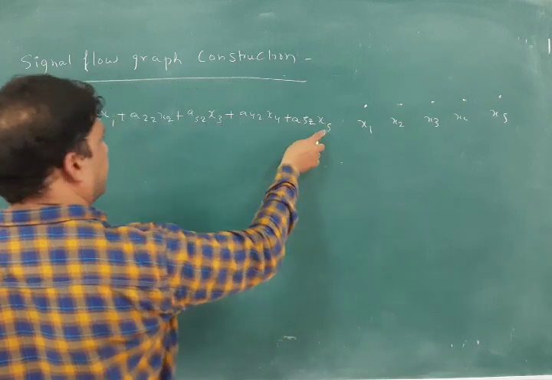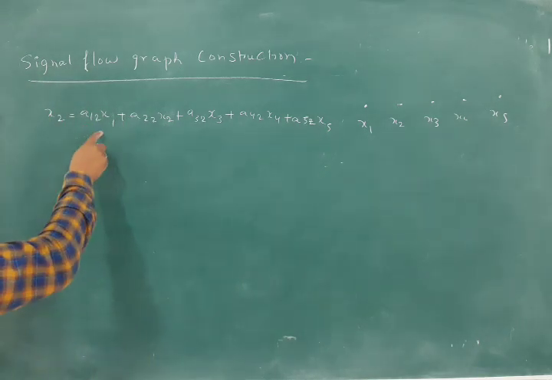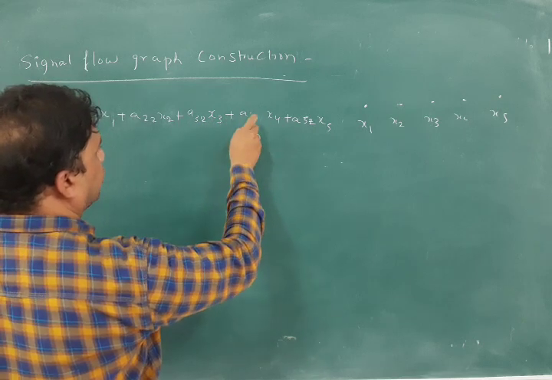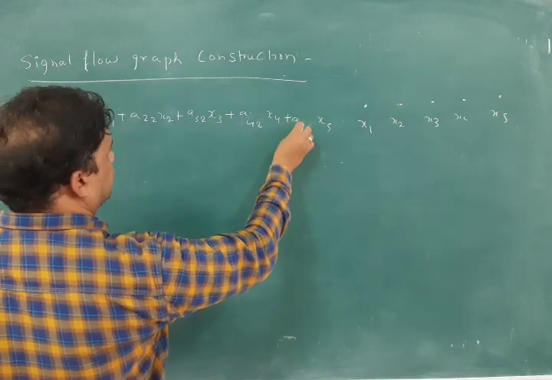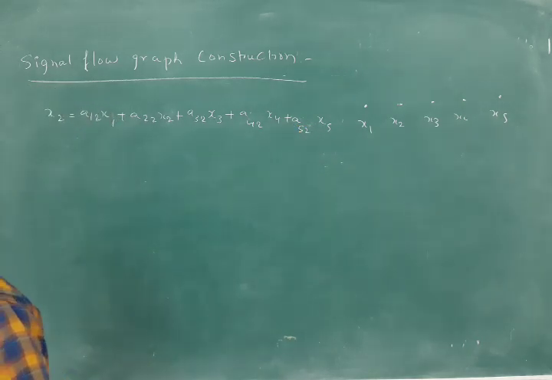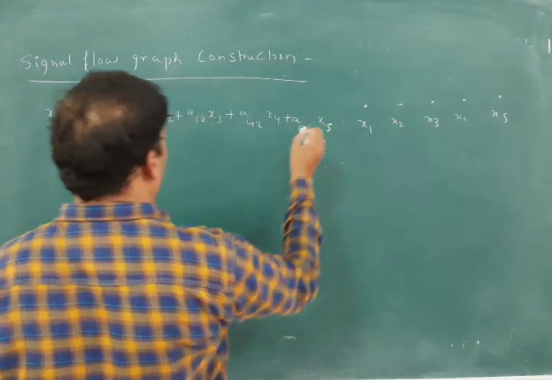So you can see here X5, X4, X3, X2, X1 are also written here, and A12, A22, A32, A42 and A52 are also mentioned here. So we will see how these A values and X values appear in the signal flow graph diagram now.